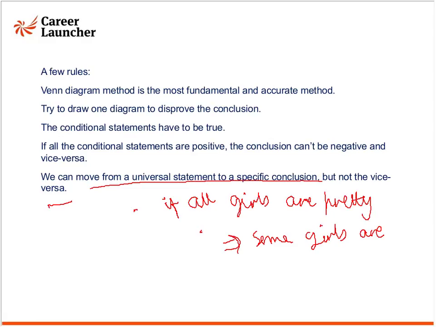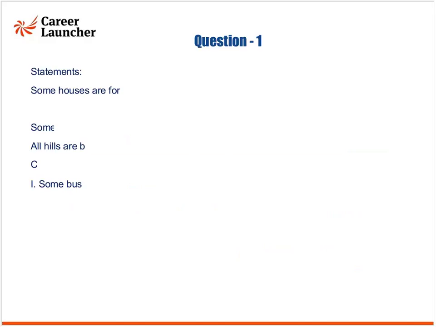This means that we are moving from a universal statement, all, to a specific conclusion, some, but you cannot move from some to all. Okay, I'm taking a few questions now to see how clear we are.